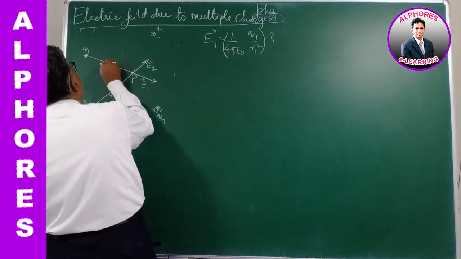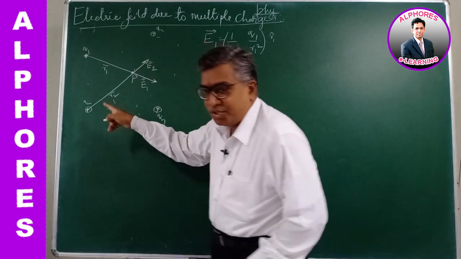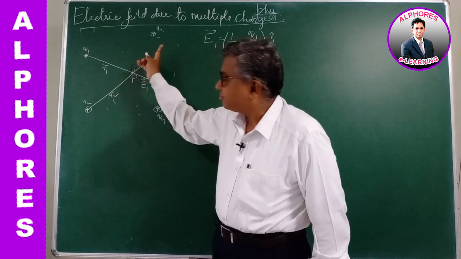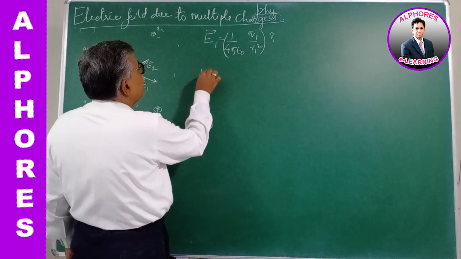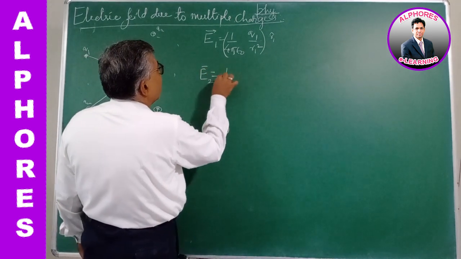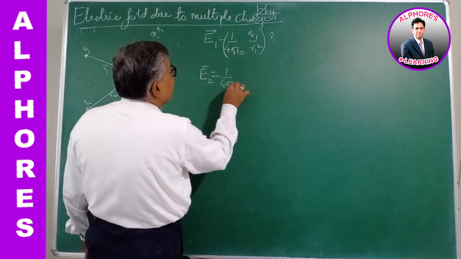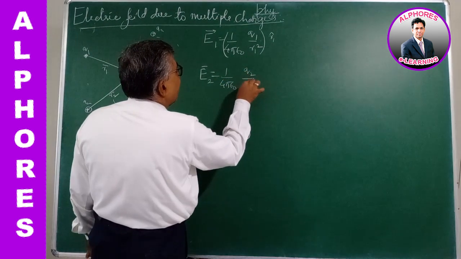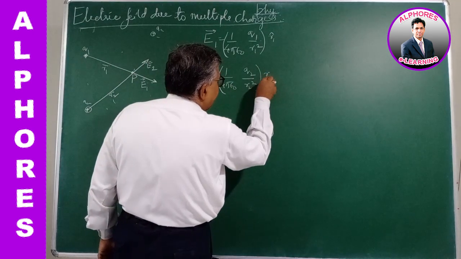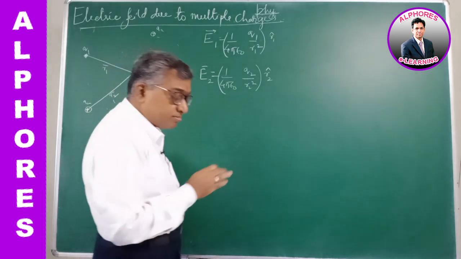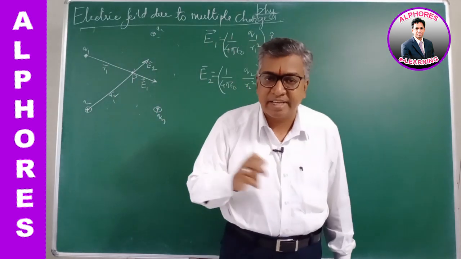This is R2 bar, this is R1 bar. So according to the definition of E, E2 bar is equal to 1 by 4 pi epsilon naught Q2 by R2 square. This is the magnitude, and the direction is R2 cap. This is the field due to the second charge.